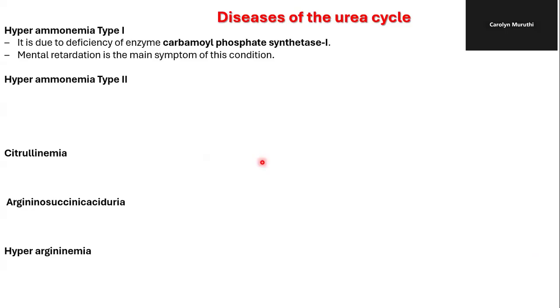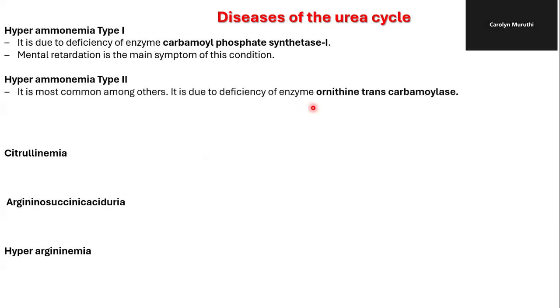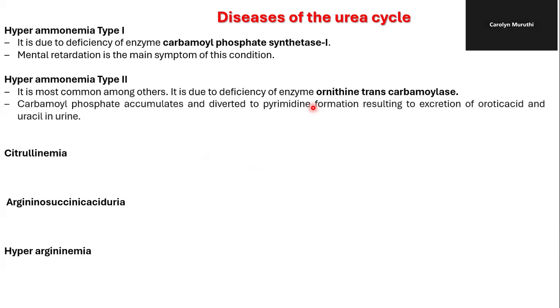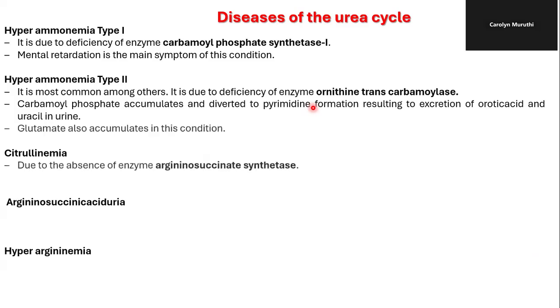We have hyperammonemia type 2. It's a common disorder, and this is due to the deficiency of ornithine transcarbamylase. And as a result, we have accumulation of carbamoyl phosphate, which may be diverted to pyrimidine formation.